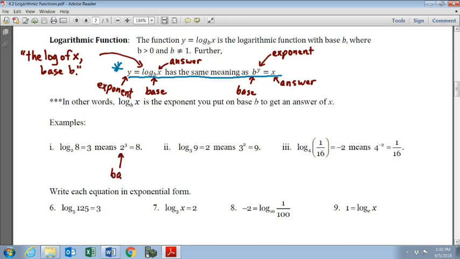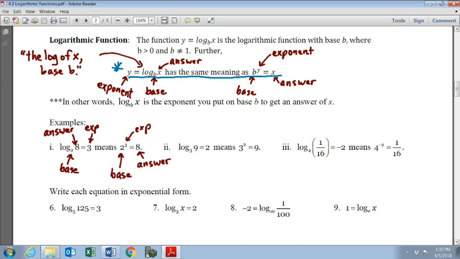Okay, so now let's look at this example, 2 cubed equals 8. Notice in this example, the base is 2, the exponent is 3, and the answer is 8. So in the log form, the base is the little guy, the exponent is all alone, and the answer is the other number.